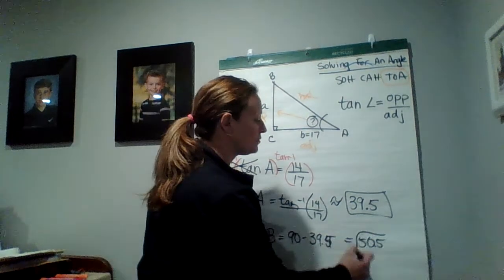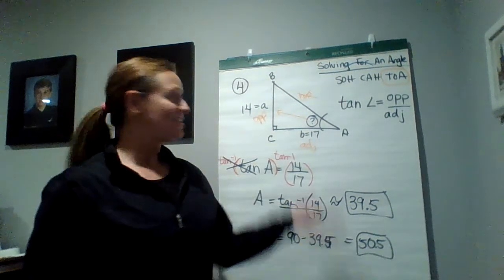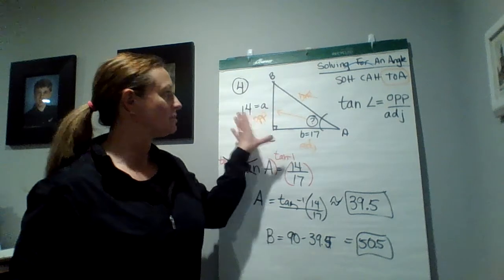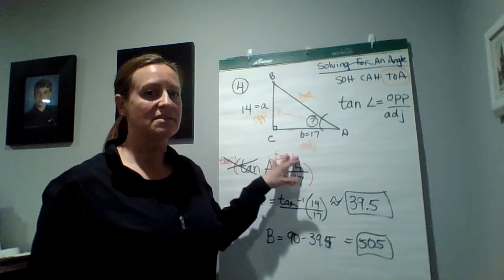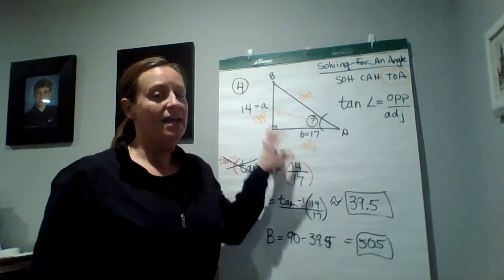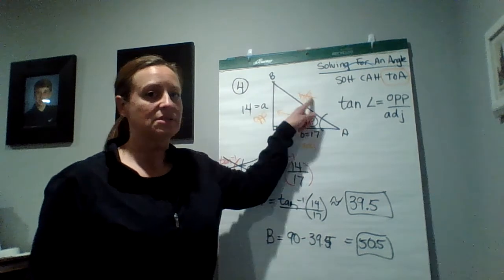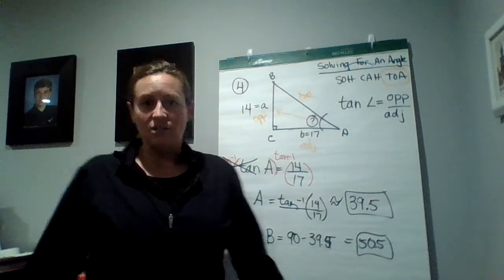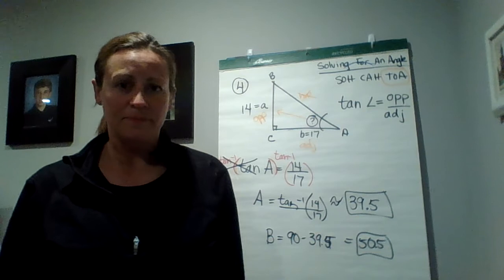And so we've now solved for the other angle as well. And you could solve for the hypotenuse just from the given information, 14 and 17. You could plug those in: A squared plus B squared equals C squared, solve for C. And you would have solved the entire triangle.